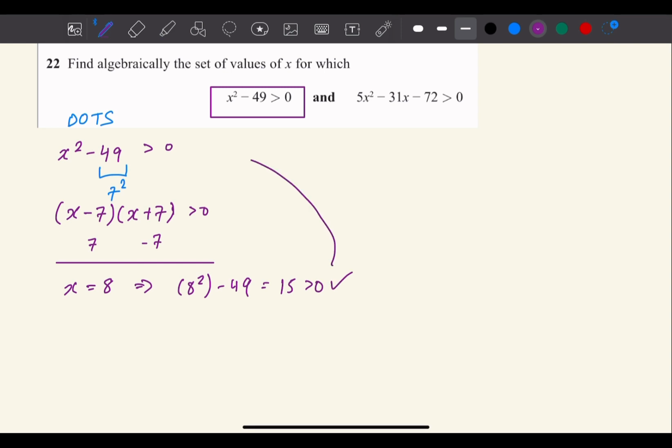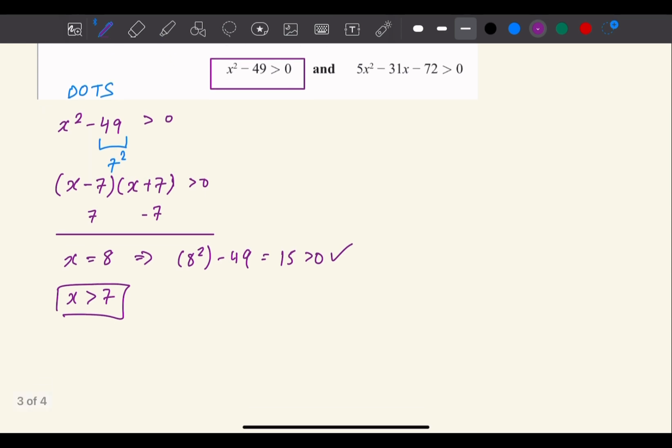That's correct, that fits the original inequality. So x is greater than 7 is one solution. Now what about minus 7? If you have no knowledge of how a quadratic looks, you could do the subbing in technique again, but basically it would be x is less than minus 7.